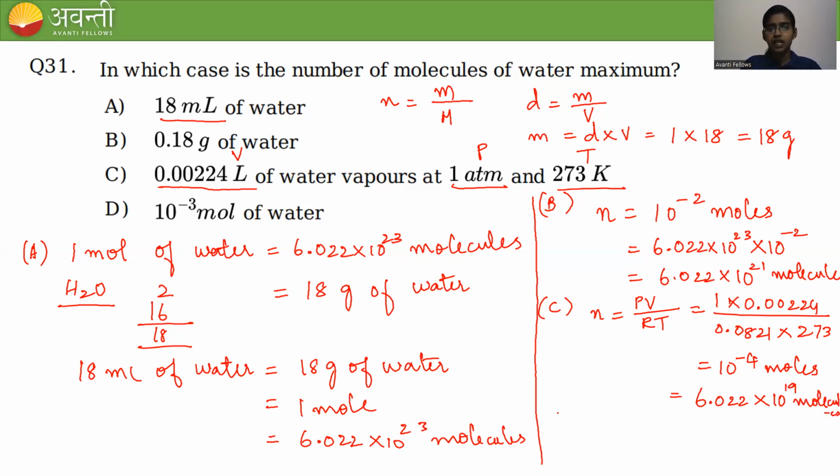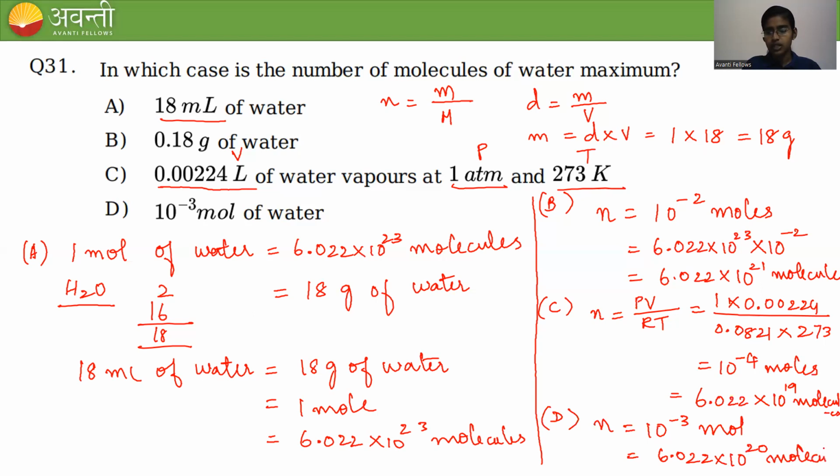Got it? And coming to option D, it is given as 10 power minus 3 moles. So Avogadro number into 10 to the power minus 3 gives you 6.022 into 10 to the power 20 molecules.